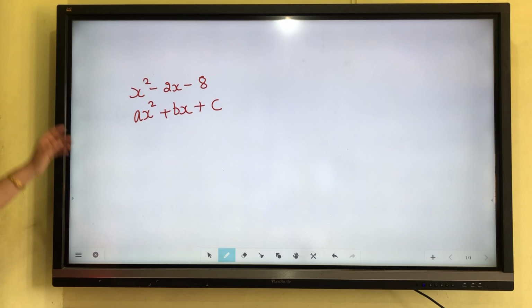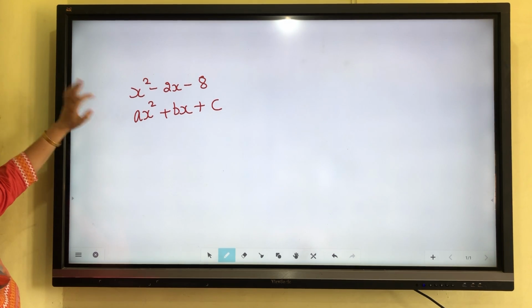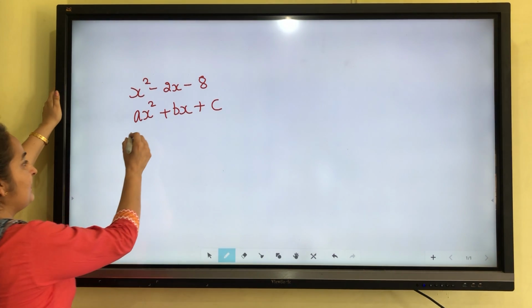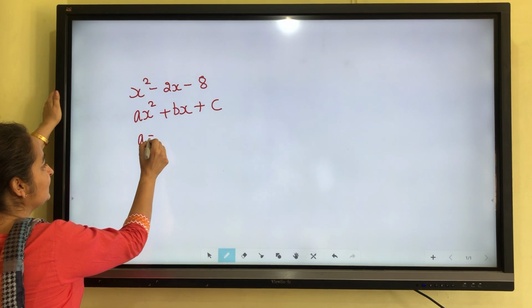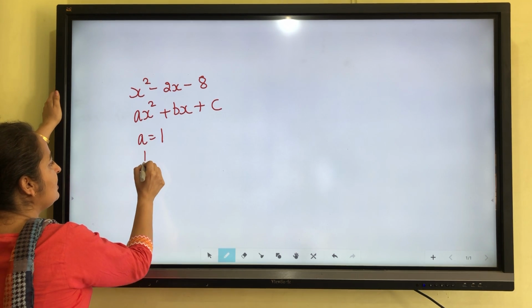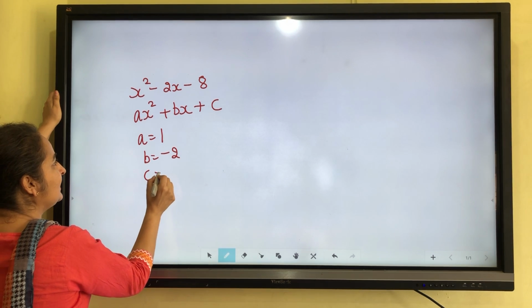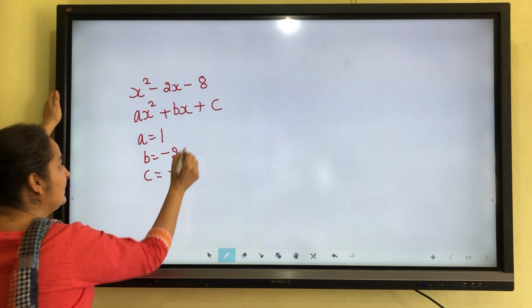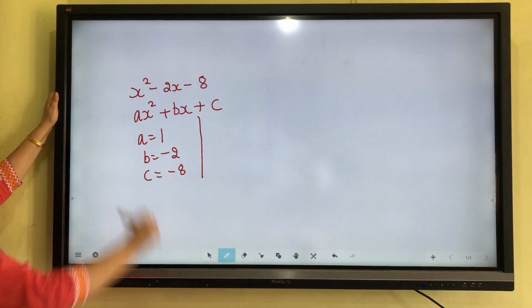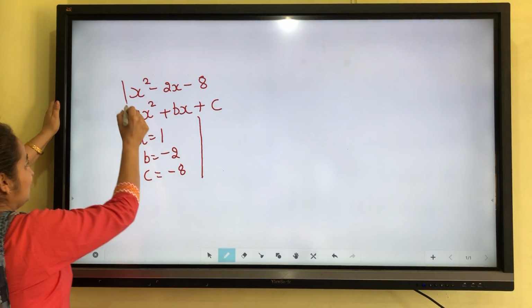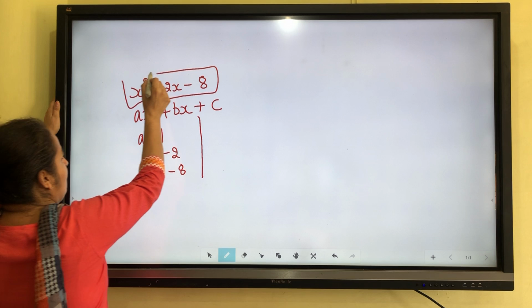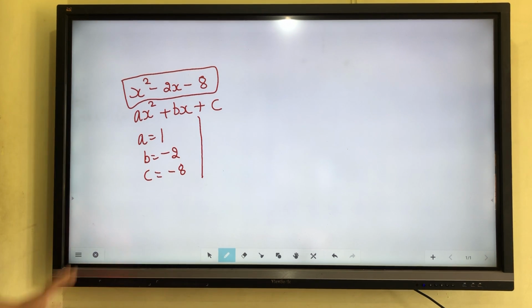Here, I am comparing the question with the general expression. How am I comparing? The value of a is equal to 1, the value of b is equal to minus 2, and the value of c is equal to minus 8. If we want to factorize the quadratic polynomial, we will check two terms.